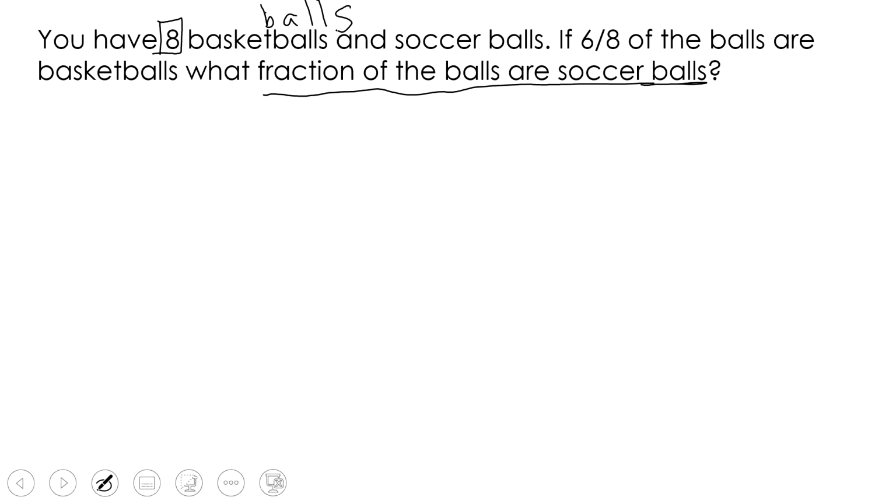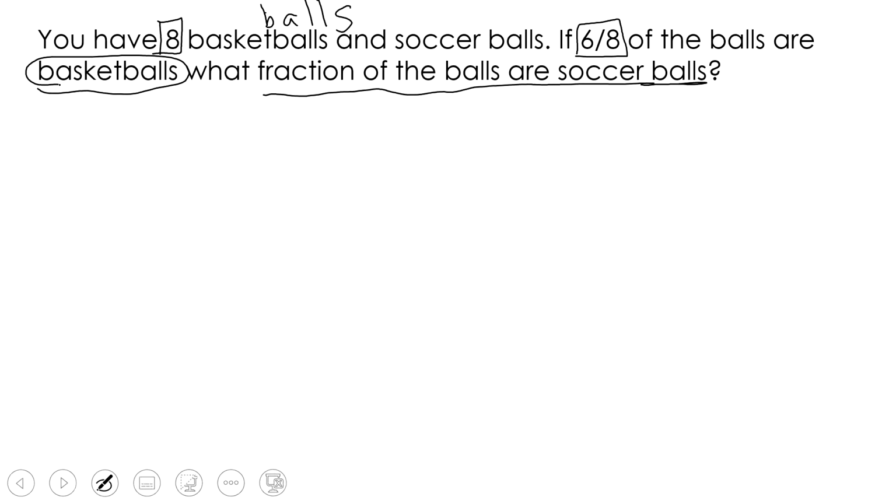And it says 6/8 of the balls are basketballs. Okay. And now I need to figure out what fraction of the balls are soccer balls. I want you to pause and see if you can figure out how to answer this question. So now I'll show you how I would answer the question.